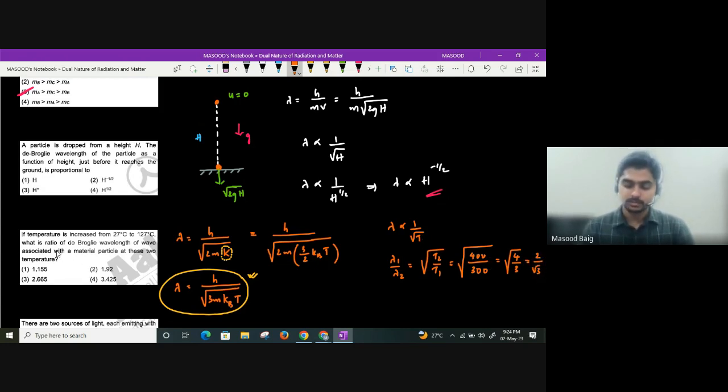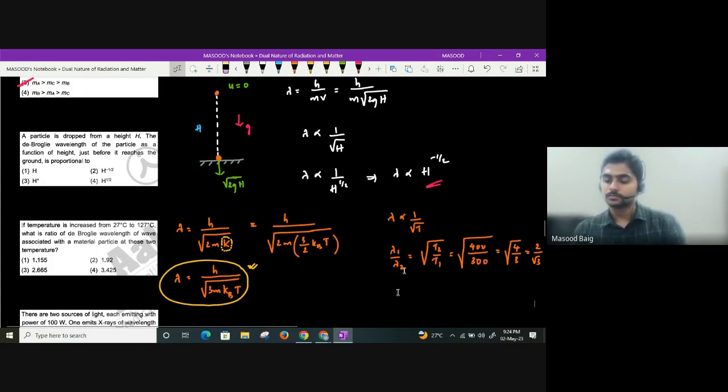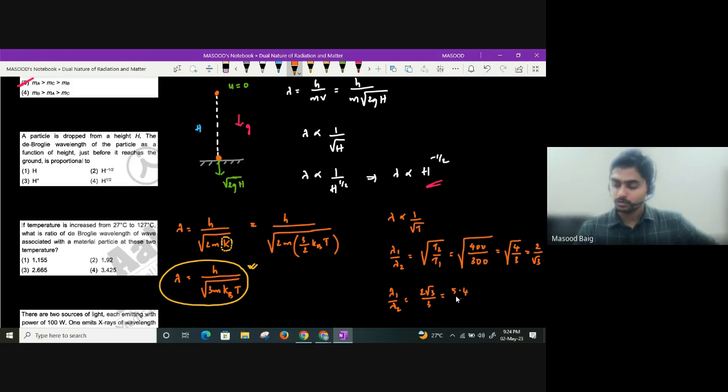They are asking the ratio of de Broglie wavelengths, so lambda 1 by lambda 2 only. I can also write this as 2 root 3 divided by 3.